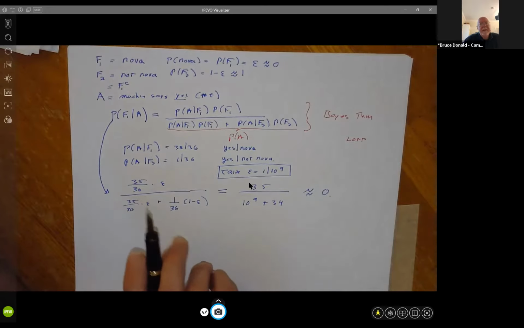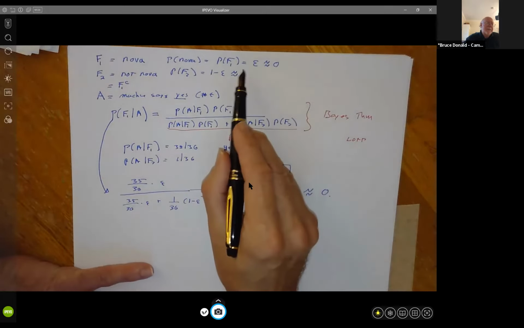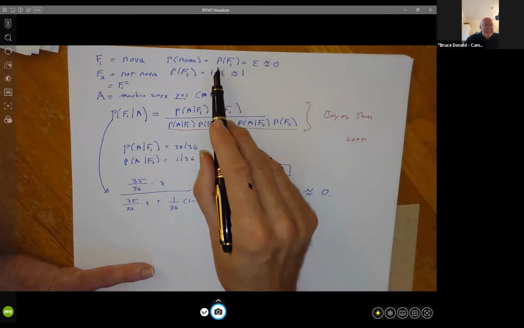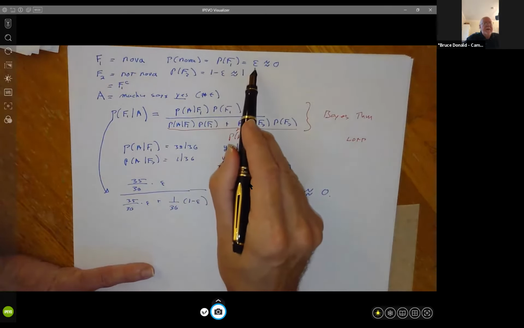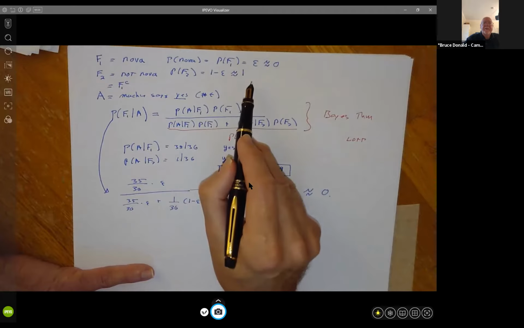So that's my goal. But I can't really put those words into a mathematical calculation without assigning numbers to them. So what I did is I said, well, let's make the probability arbitrary, I call it epsilon, but I'll hint to you that it's close to 0, because I kind of want to do some calculations. And then of course 1 minus epsilon is close to 1. So this just says it's some small constant.